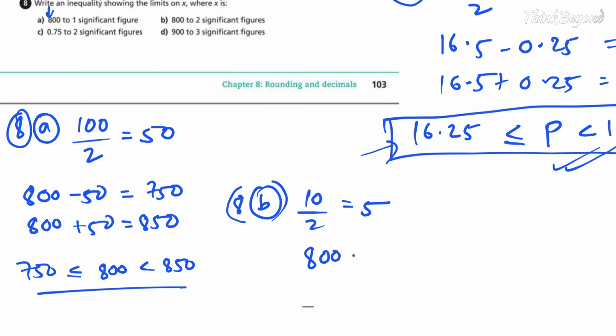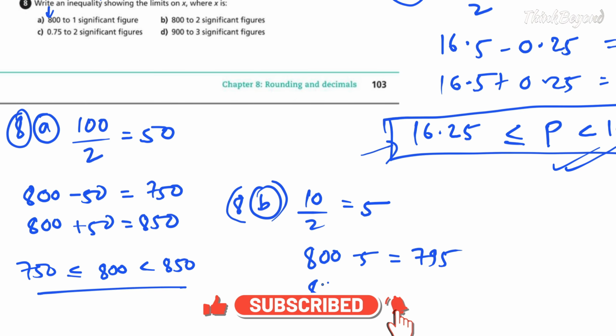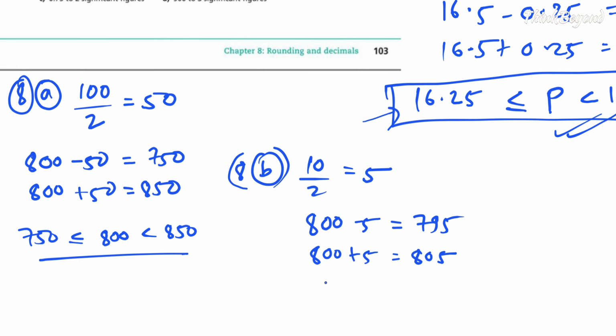Now 800 minus 5 is equal to 795. 800 plus 5 is equal to 805. So the inequality will be 795 ≤ x < 805. This is the answer for question 8b.